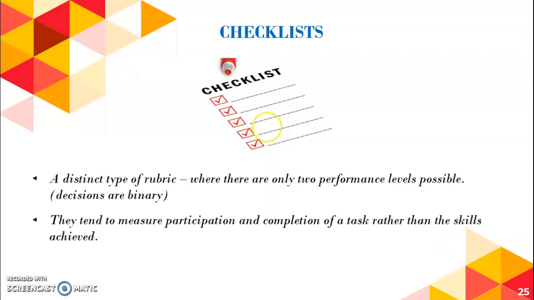Right. Finally, checklists are a very different type of rubric. The decisions here are binary, yes, because we have only 2 options: good, bad, yes, no, right, wrong, present, absent. And they tend to measure participation and completion of a task rather than the skills that have been achieved.